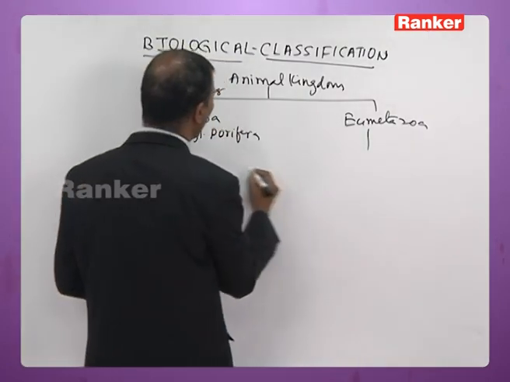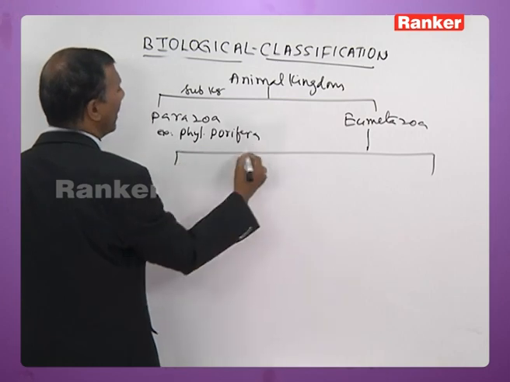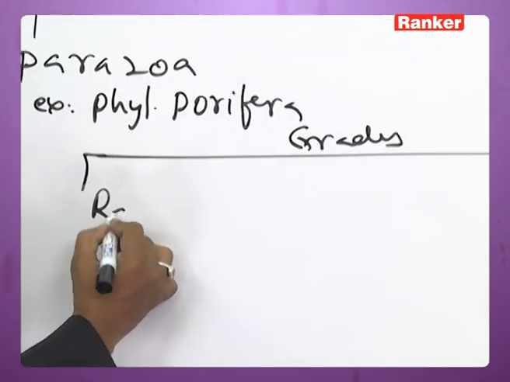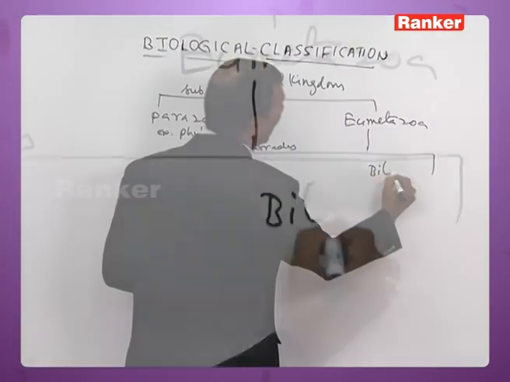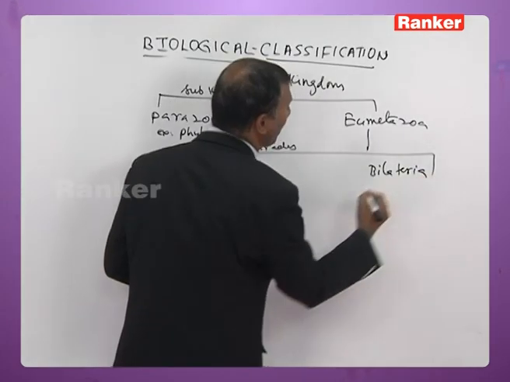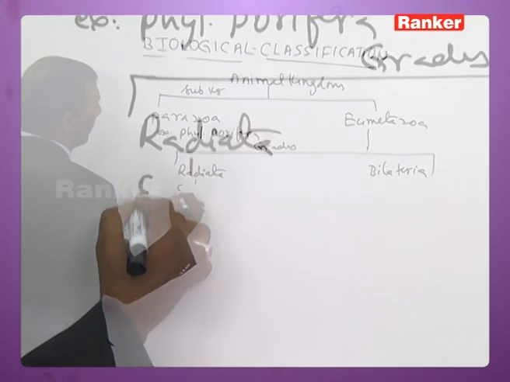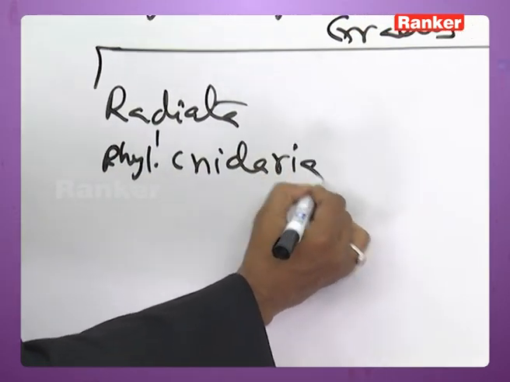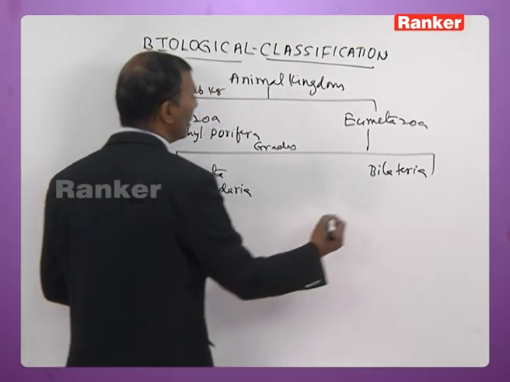Now eumetazoa is divided into grades like Radiata and Bilateria. Under Radiata you have examples phylum Cnidaria, and Bilateria, that is, they exhibit bilateral symmetry here now.